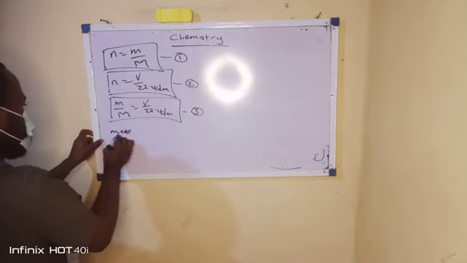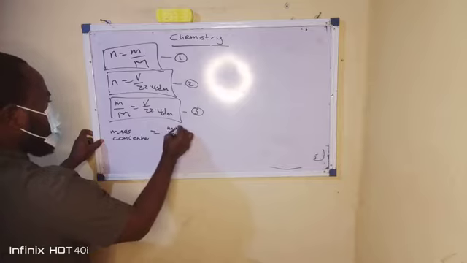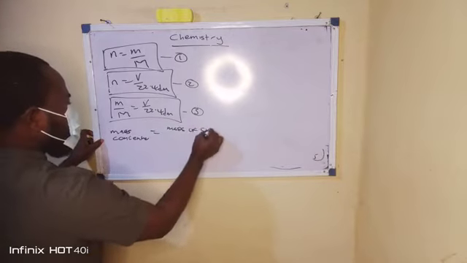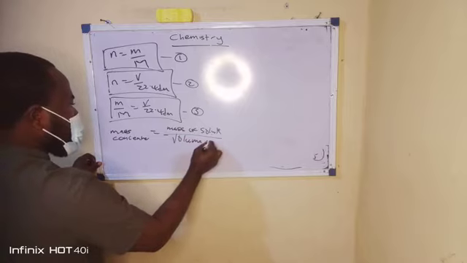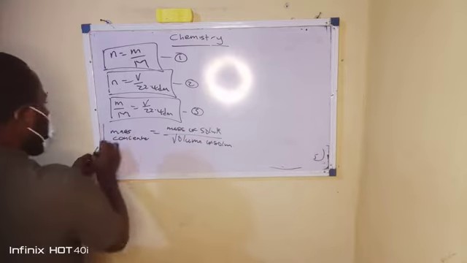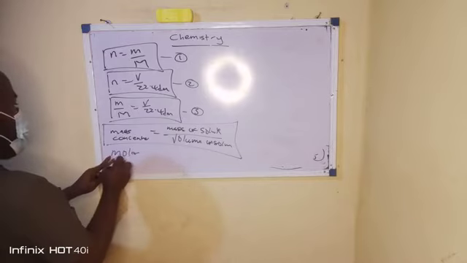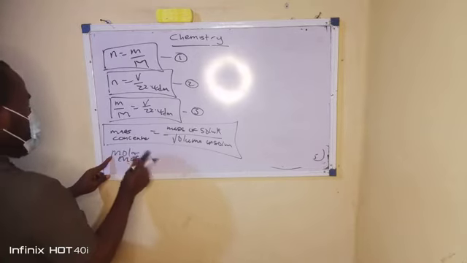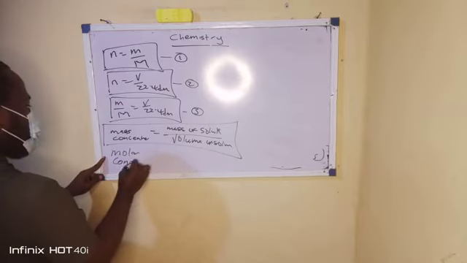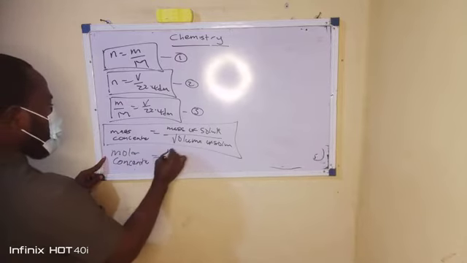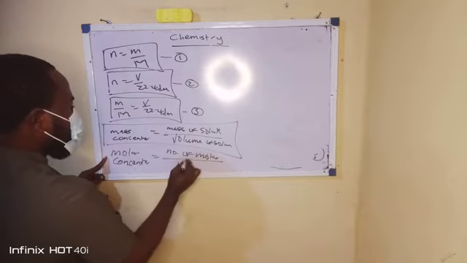Then of course we went ahead to say that mass concentration is equal to mass of solute over volume of solution. Of course, we got this formula, which is very important. Now of course molarity, which is also called molar concentration, is equal to number of moles over volume of solution.